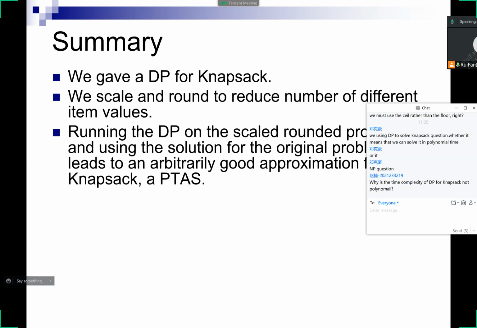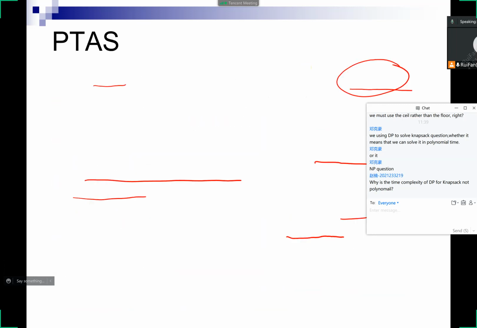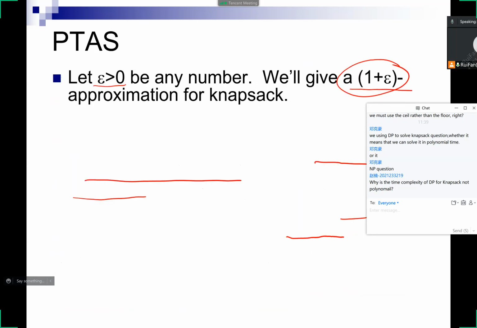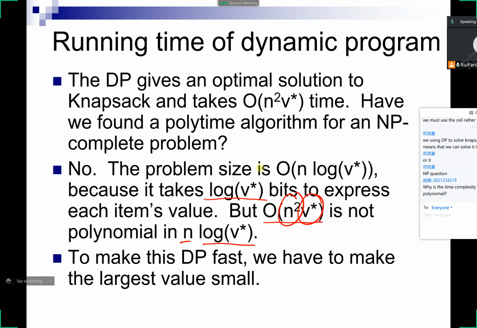Why? Oh, okay, all right. So let's go back to this. It's because for the basic DP, you get this as your running time. However, this depends on the value of your largest item, your most expensive item. For example, if your most expensive item has cost like $1 million, how many bits does it take to write 1 million?